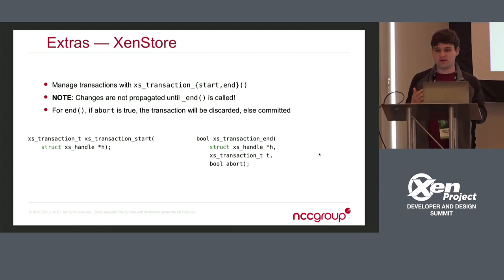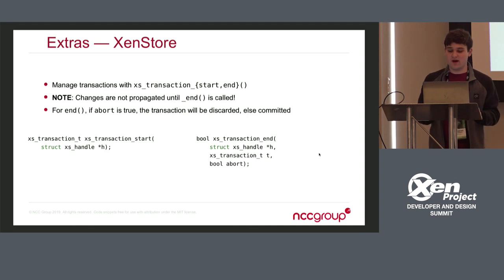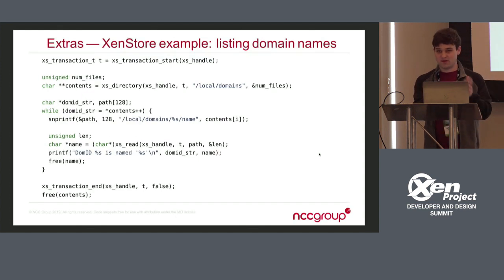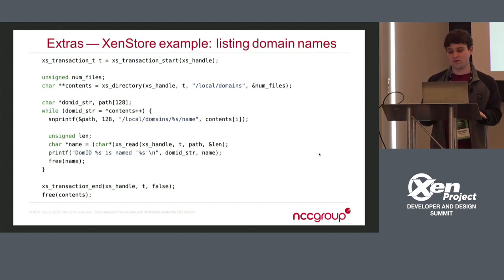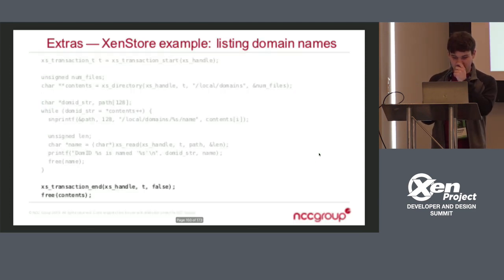It will allow you to do things like read the name of a domain by reading the corresponding file, quote-unquote, entry, and then end the transaction to commit your changes if you've made any. I have an example here. You can look at the slides afterwards because I don't have time to go through the whole thing, listing domain names along with domain IDs as xl list would, using XenStore.